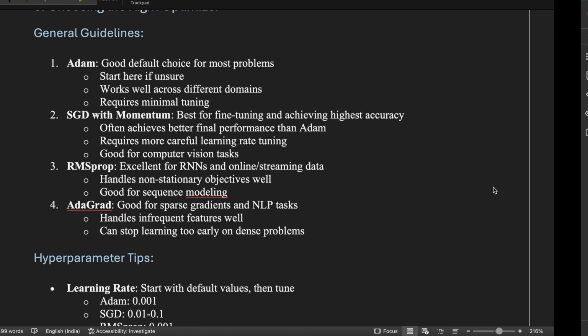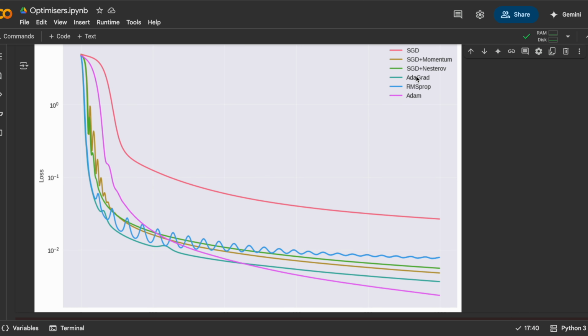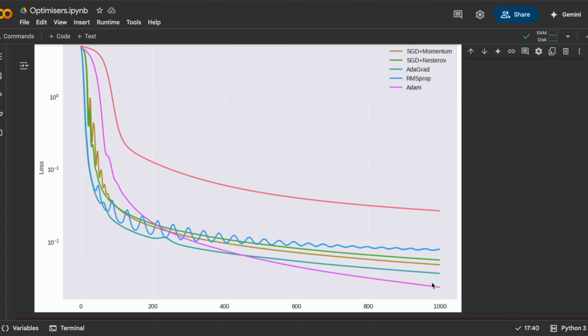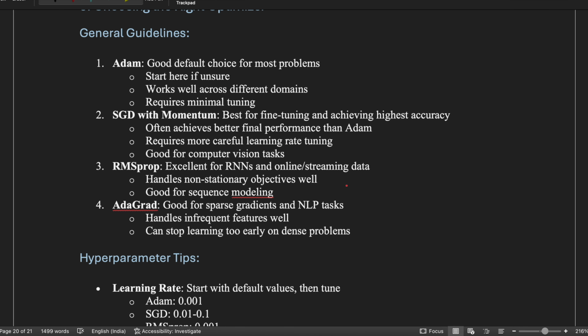RMS prop is also doing good. Adagrad is also doing good. Momentum, RMS prop is a little bit not going good, but our Adam model is doing very good. So we can say that Adam is for now the best of it.